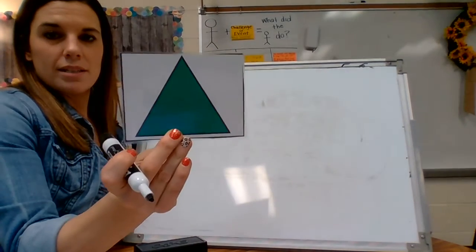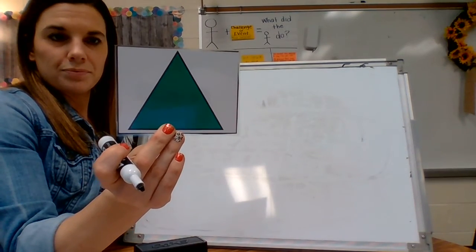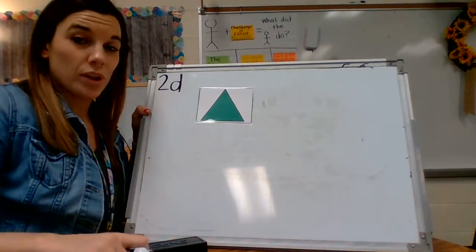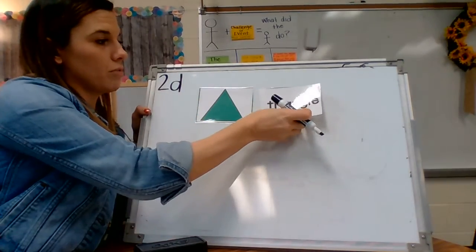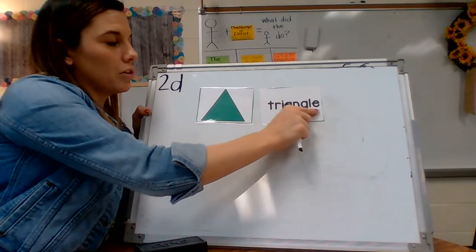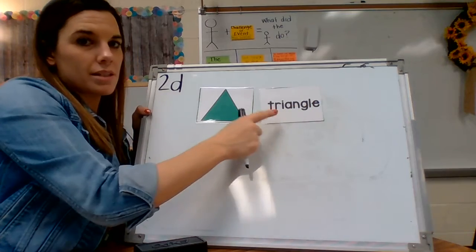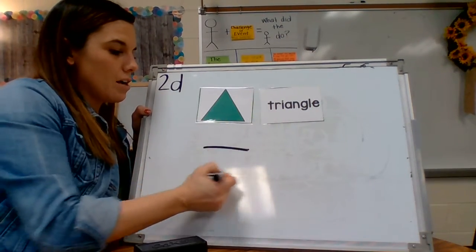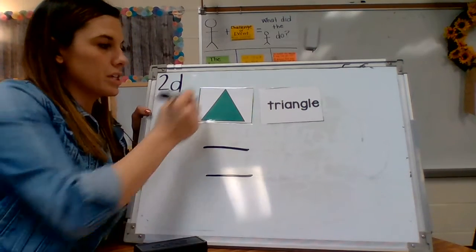Okay, what is this? A triangle. Very good. I'm going to put the word up and we're going to check it. Triangle. Read it with me. Triangle. Triangle. Does this say triangle? It does. Alrighty, let's count the sides and the corners.